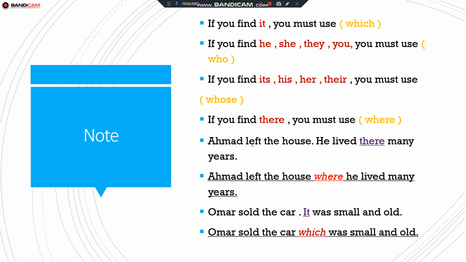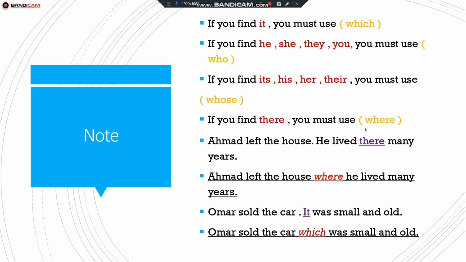Okay? For example, Ahmed left the house. This is a sentence. Full stop. He lived there many years. Full stop. Now يا شباب, at the beginning you have to write the first sentence. Ahmed left the house. Now go to the second one.